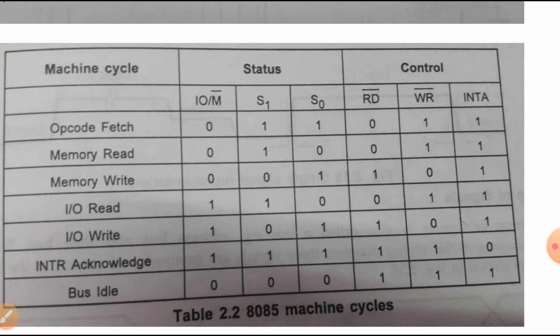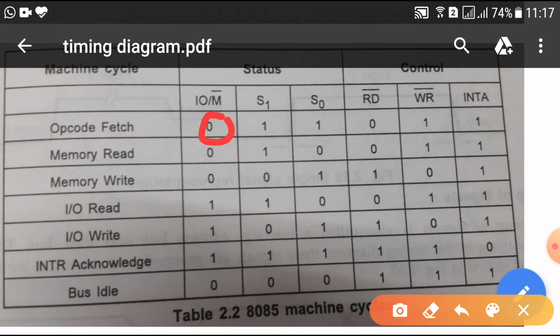IO/M is negatively activated, so this is 0, and S1 is 1, S0 is 1. Read signal will be 0 because we are doing the reading process. Write signal is deactivated, it is 1. INTA has no relevance in this particular case, so it is 1. So this is the way.